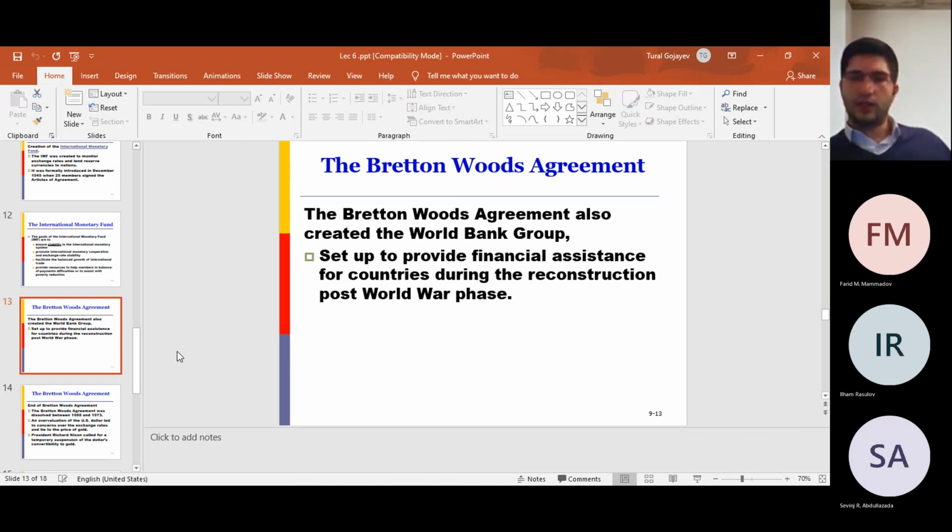In Europe, as a result of World War II, one of the main reasons for creating the World Bank was this. In the beginning, the World Bank started giving loans to the European countries for reconstructing those cities because they were destroyed.